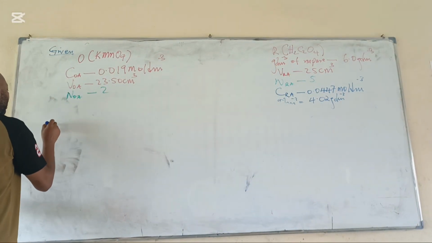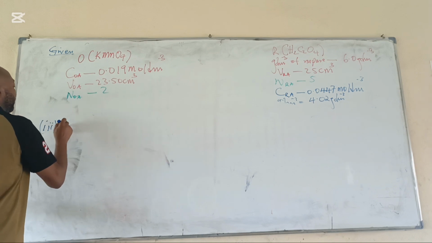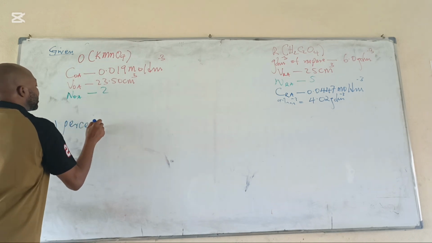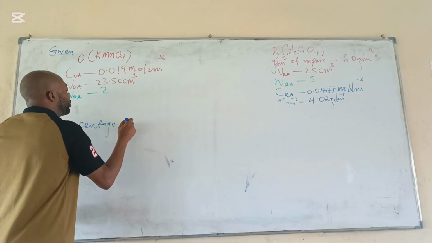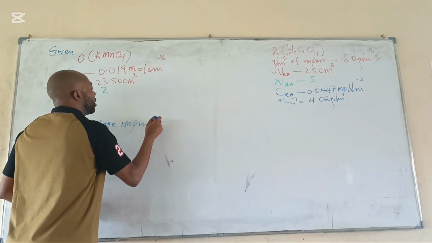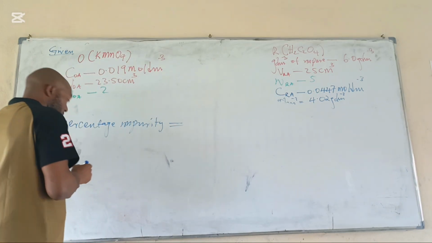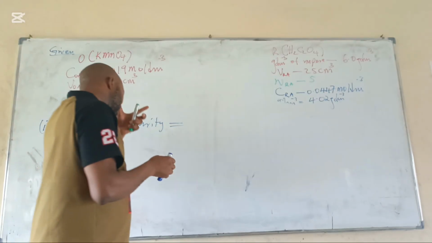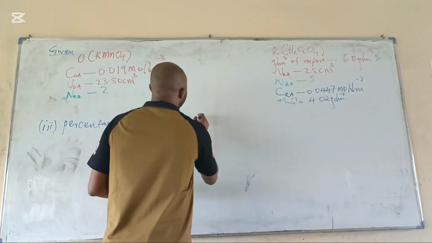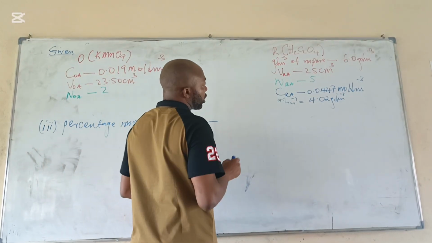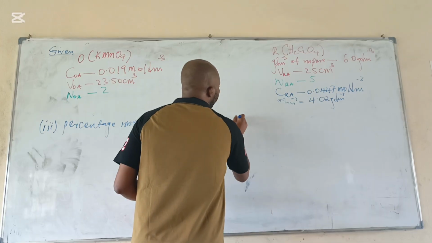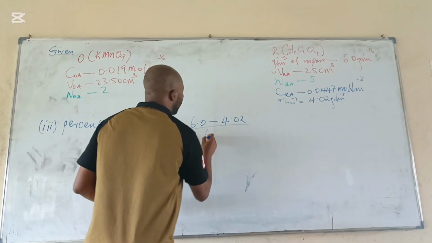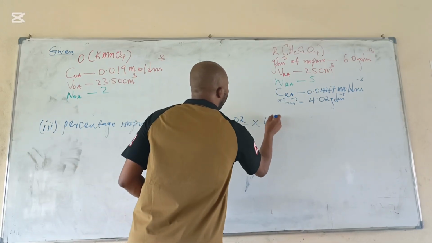Now, the last question here, 3. Percentage impurity is gotten through the formula. We say the mass conc of impure, which is 6.0, minus the mass conc of pure, which is 4.02, over the mass conc of impure, 6.0, times 100.